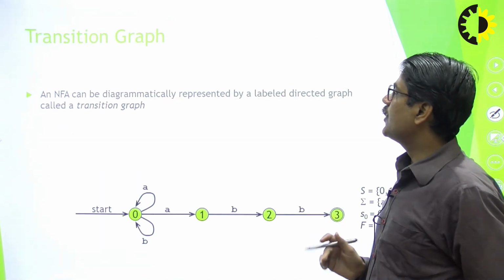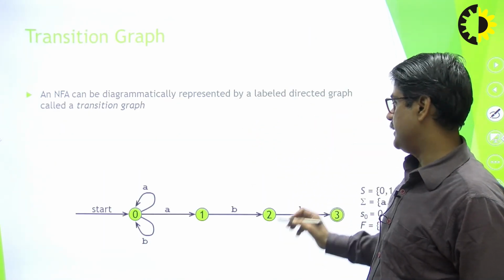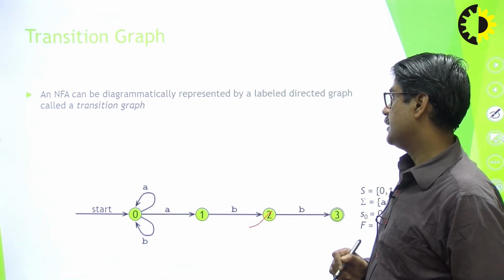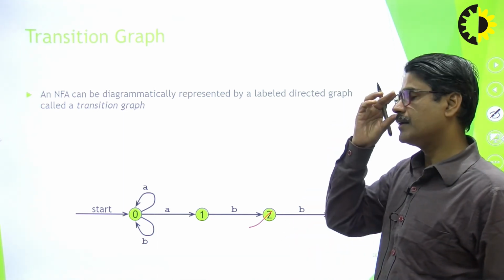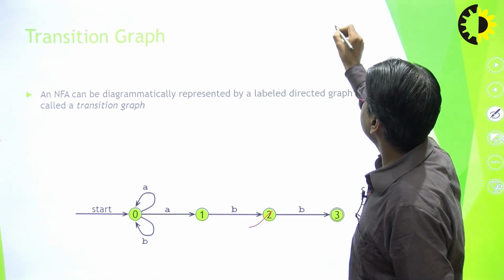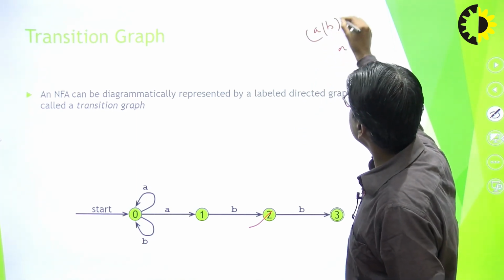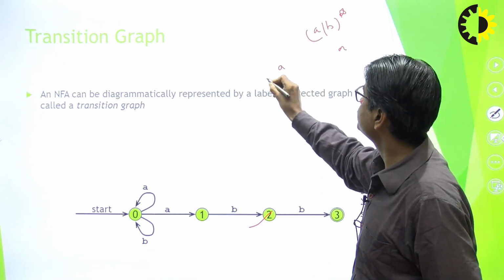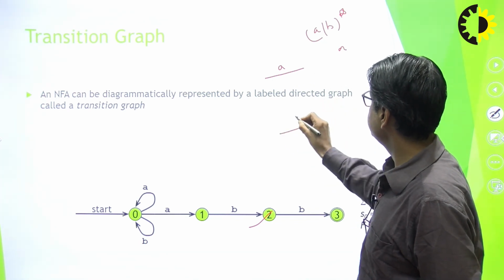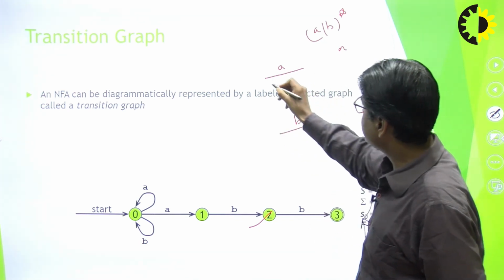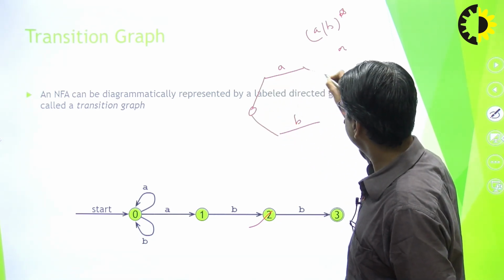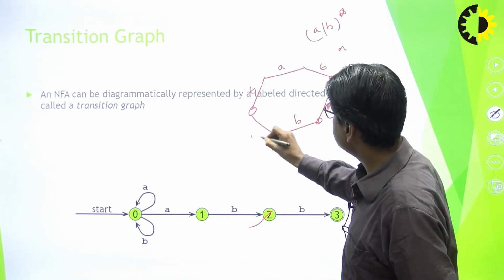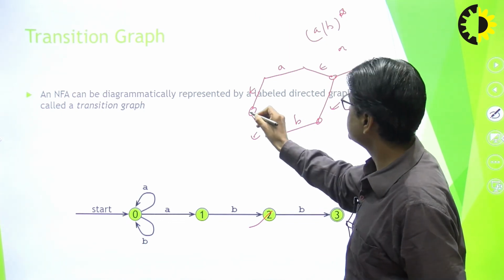An NFA can be diagrammatically represented by a labeled diagram like this. This is the directly generated NFA. But if you apply the Thompson construction algorithm, say to design (a|b)*, what you have to do is: firstly design A, then design B, then design the union and closure, with these epsilon transitions, then this state, then the starting state.